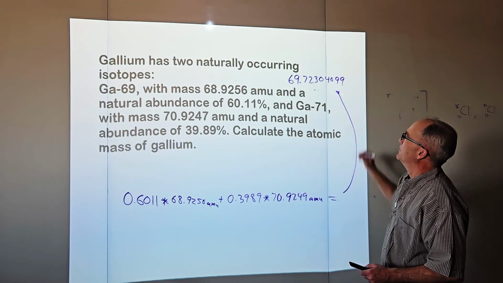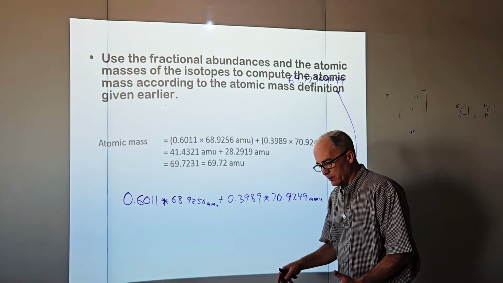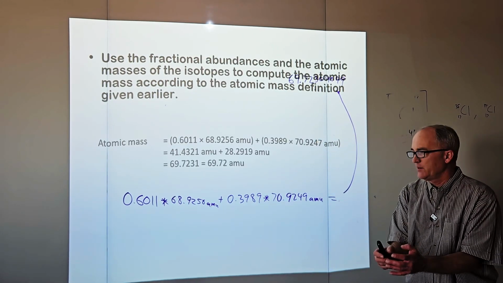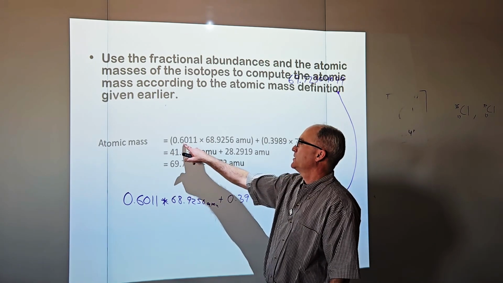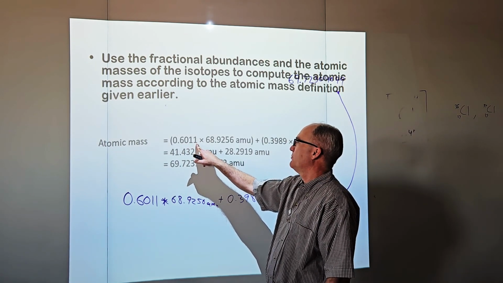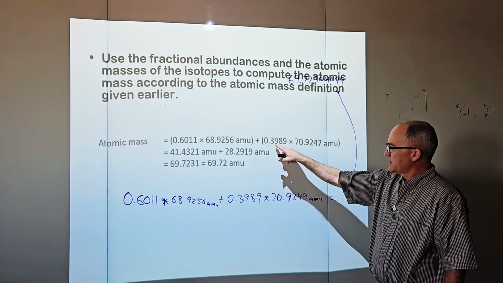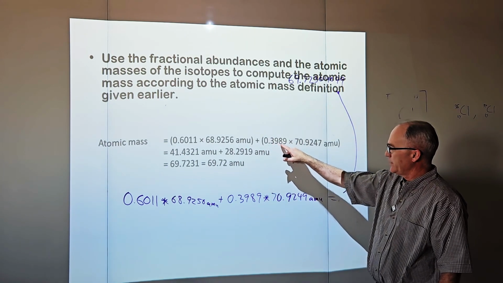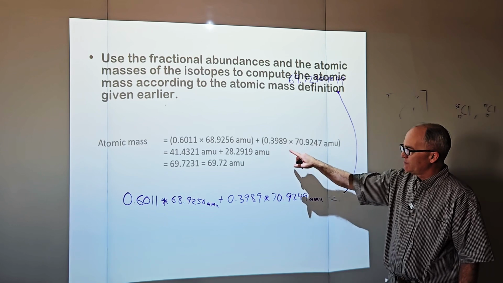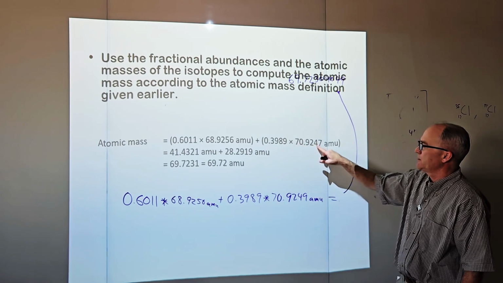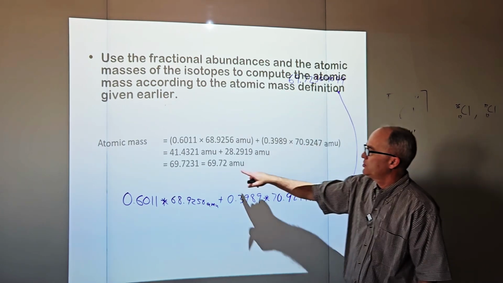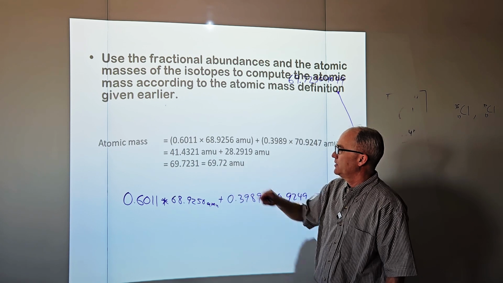that number there. Now, of course, on your calculator, if you don't make any fat finger errors, you can go 60.11 divided by 100 multiplied by this number plus 39.89 divided by 100 multiplied by this number, hit enter, and you should get this number right here.